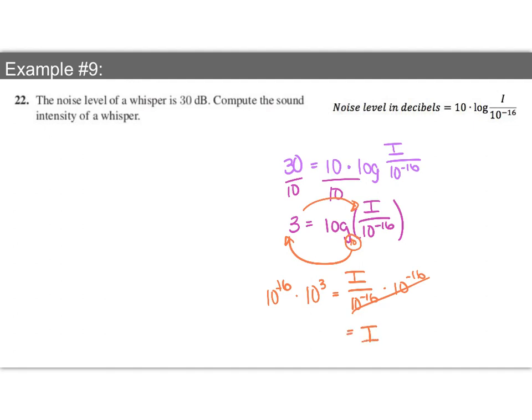Negative 16 plus 3 is going to be 10 to the negative 13. So the intensity of a whisper is 10 to the negative 13, which makes sense because a whisper would be quite low. You wouldn't expect a whisper to be very high, and 10 to the negative 13 is not significantly higher than 10 to the negative 16.